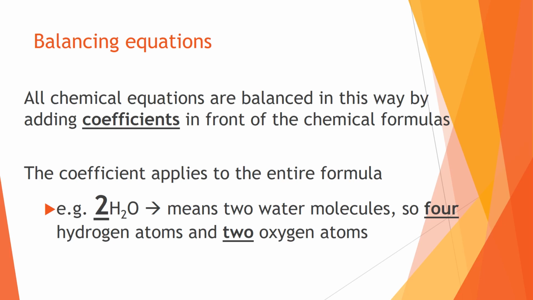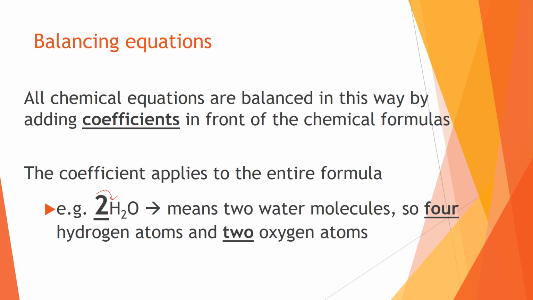Okay, now coefficients are numbers that are put at the front of a chemical formula, and they apply to the entire formula. So if we put this 2 in front of the H2O, what that means is that we are multiplying both of the atoms in this compound by the coefficient. In other words, the 2 here applies to the hydrogen.